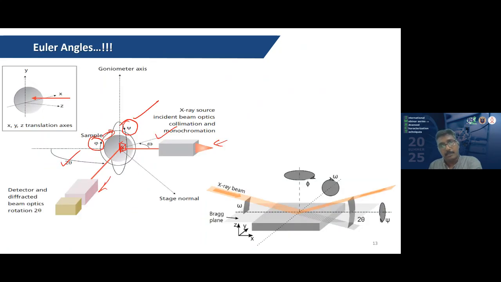The angle between the incident beam and the detector is 2 theta. This is the angle with which the detector is moving. That's why we take 2 theta along the x-axis, not theta. I think that answers your question, right?